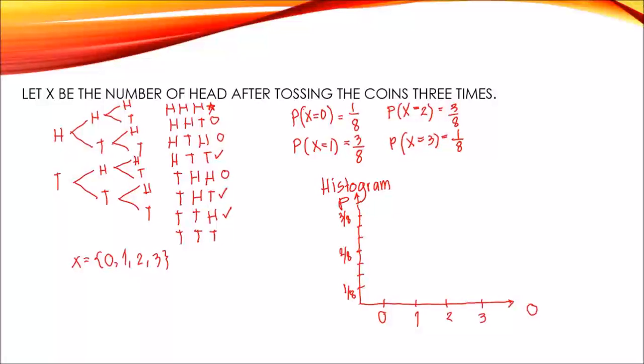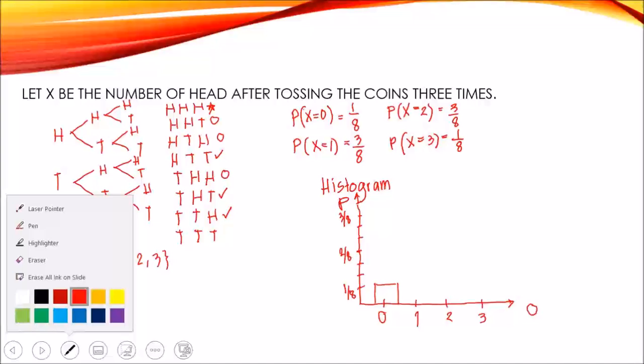So let's try to plot it in our histogram. When x is equal to 0, or when the number of heads is equal to 0, the probability is 1 over 8. So this is 1 over 8.